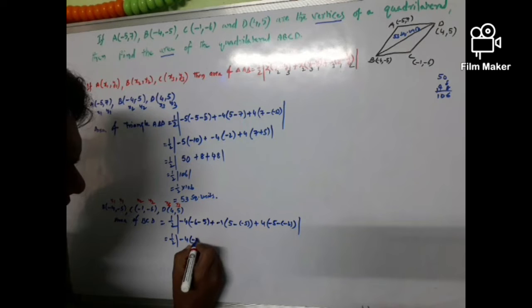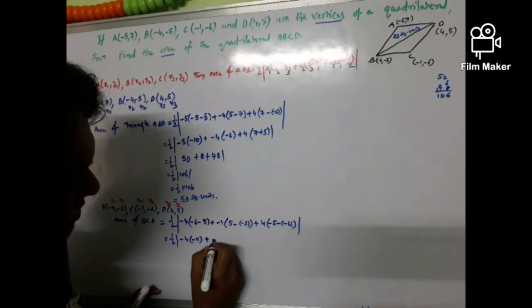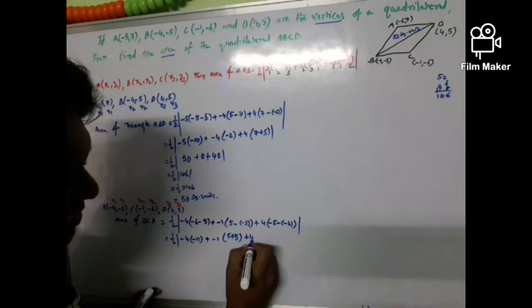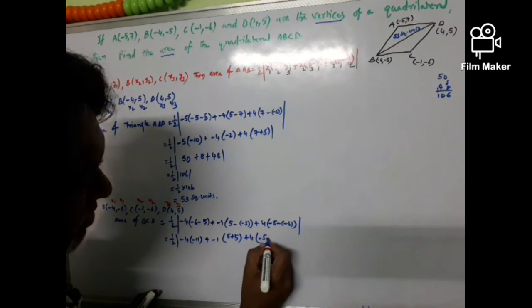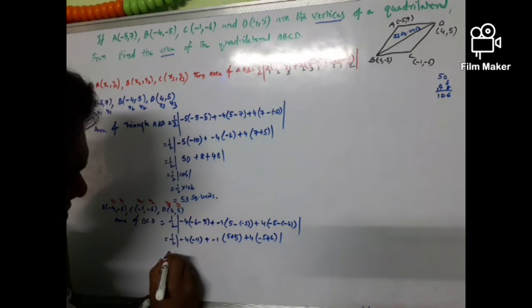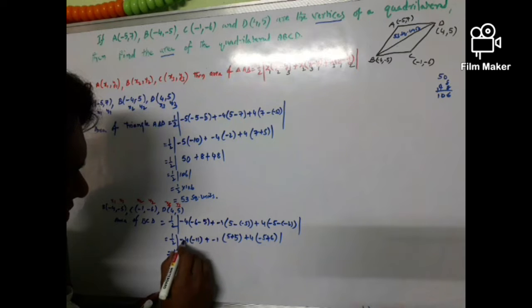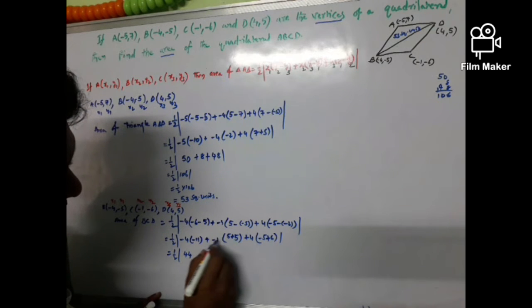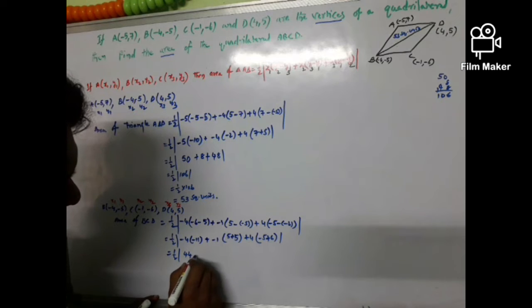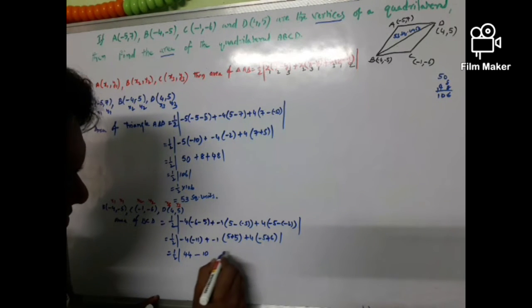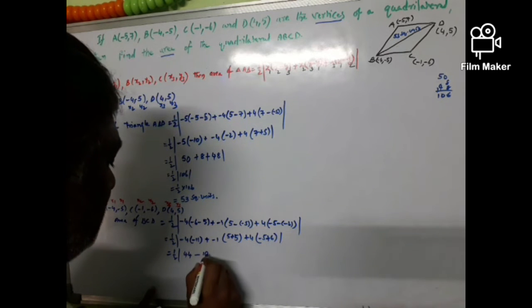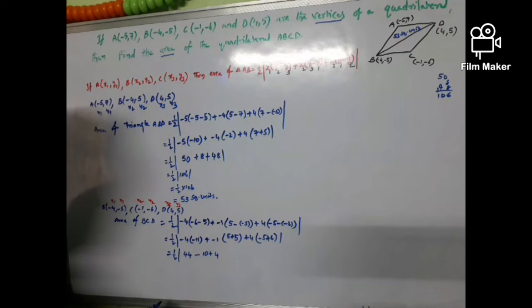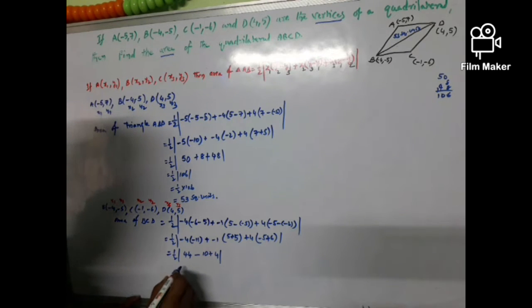Minus 4 into minus 11 is plus 44, minus 1 into 10 is minus 10, plus 4 into 1 is 4.